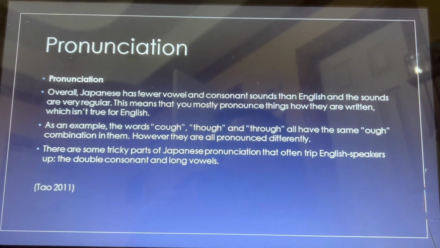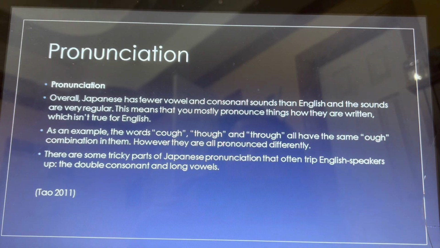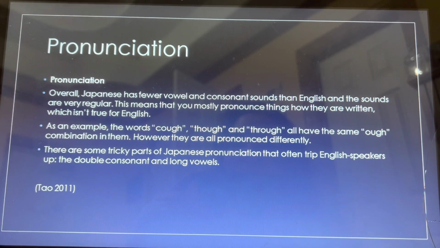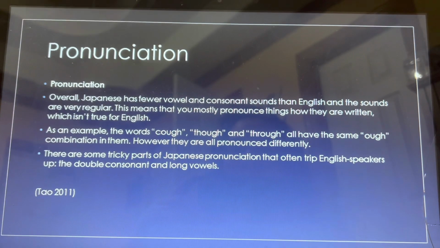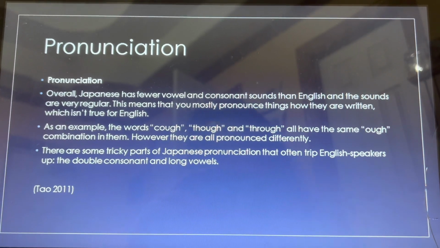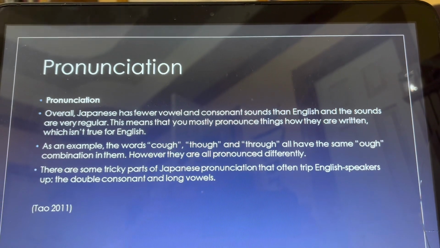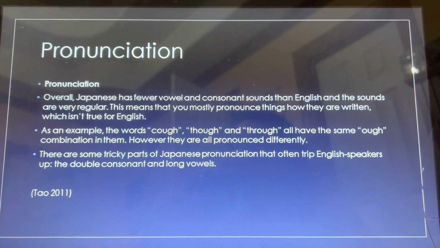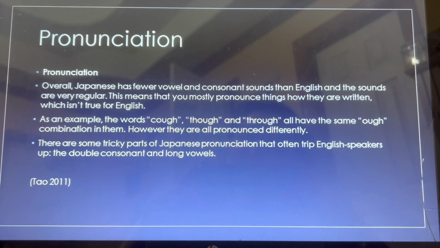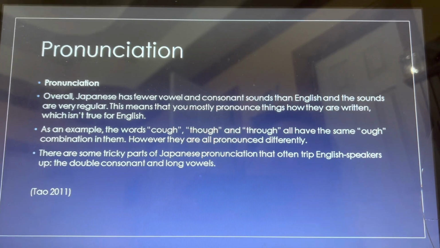Especially if you look at words like cough and though and throw. Somebody logical would probably think that O part is just pronounced the same. But of course, everything changes. So that's just another consideration, especially when you're talking about literacy and things like that, that I thought would be nice to point out.